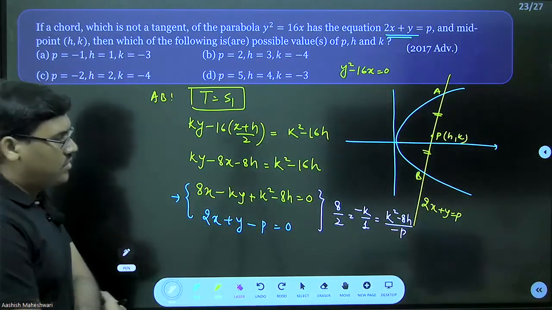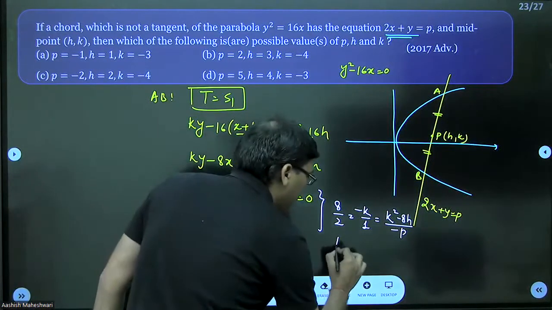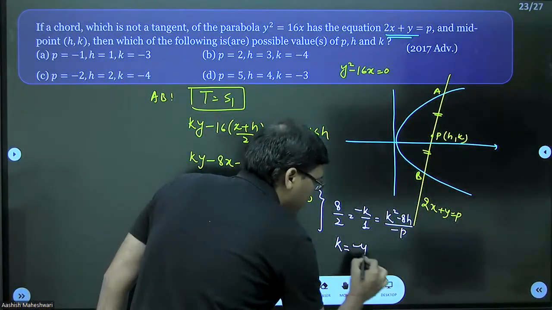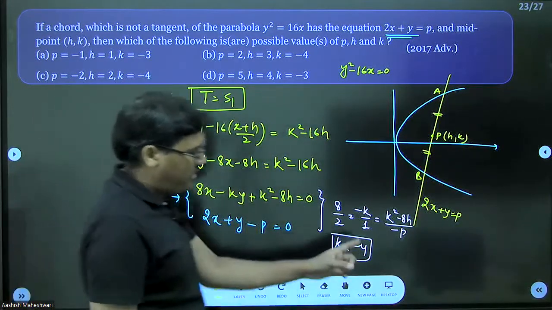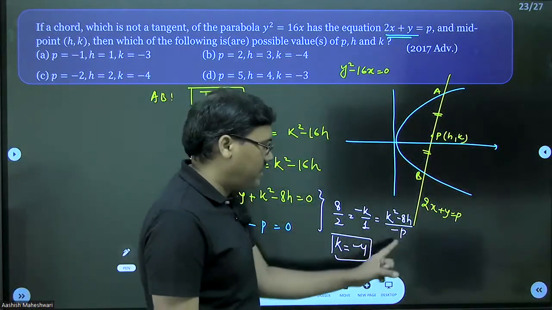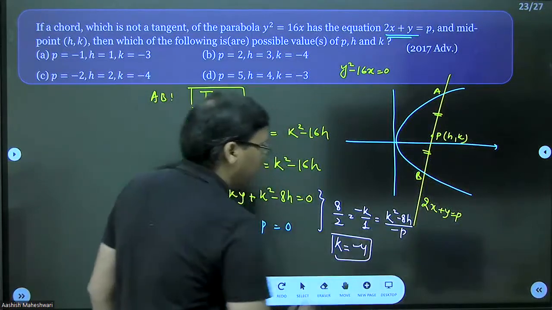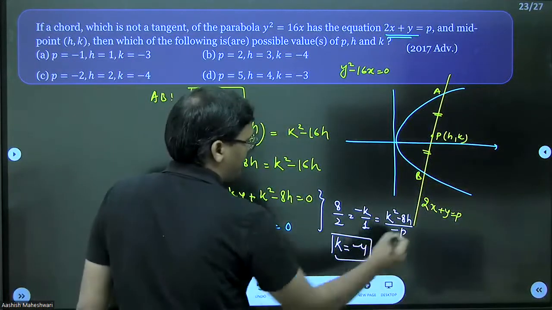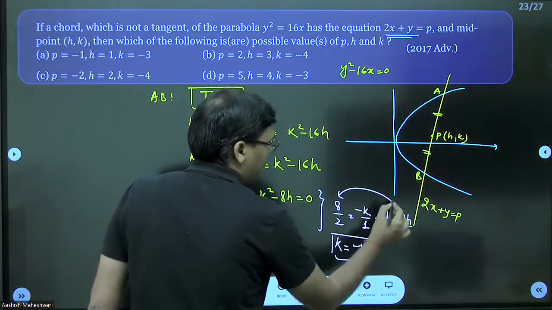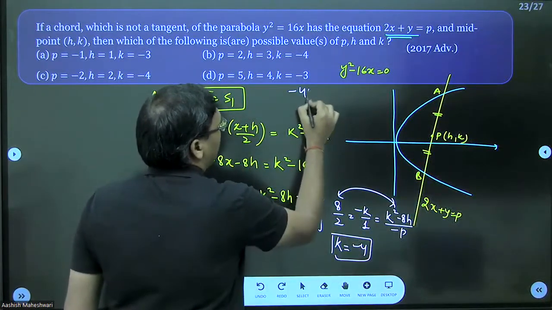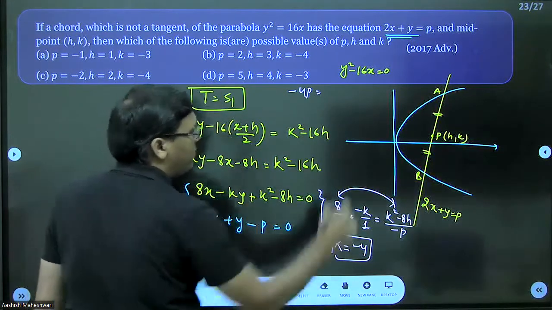Now from this you can clearly see the value of k you have got: k is equal to -4. K is equal to -4, and we have got the relation in h, p, k by using this. I can take this thing, so this is k². If I just arrange this, -4p is equal to k².